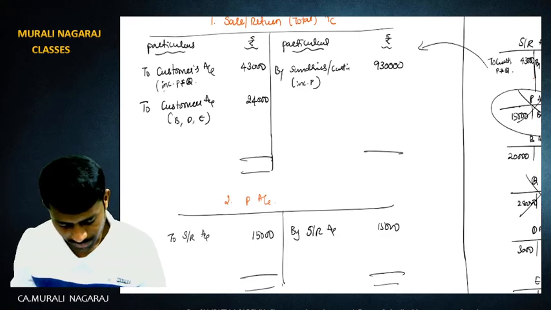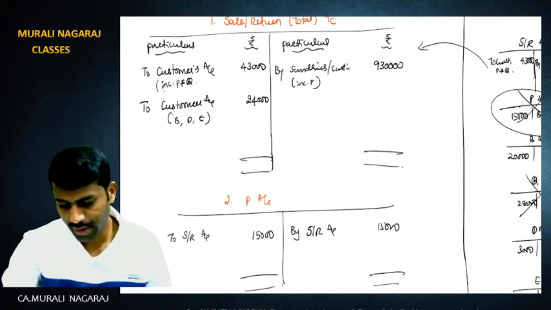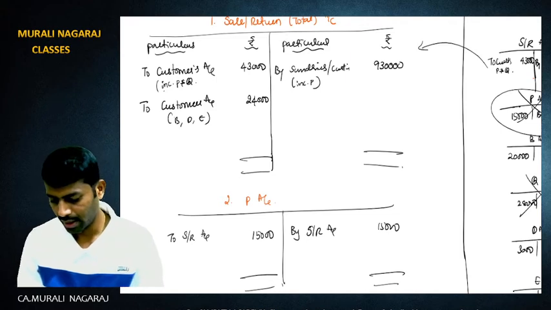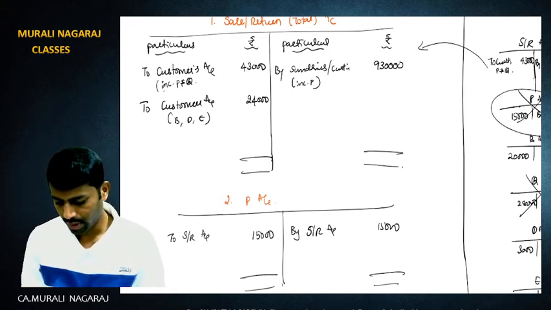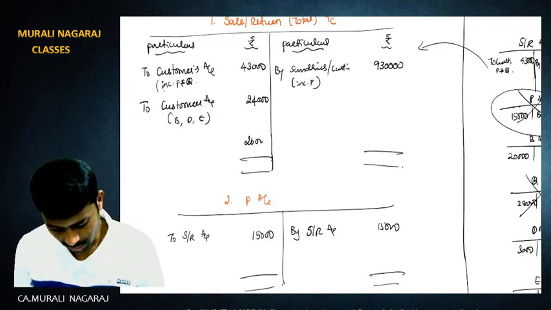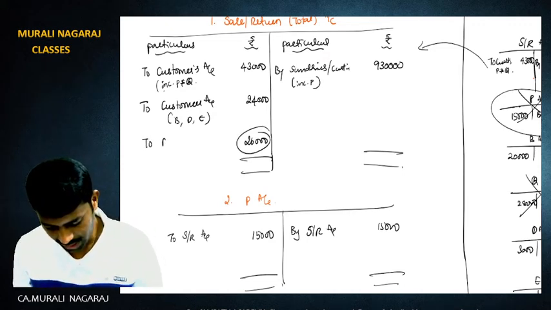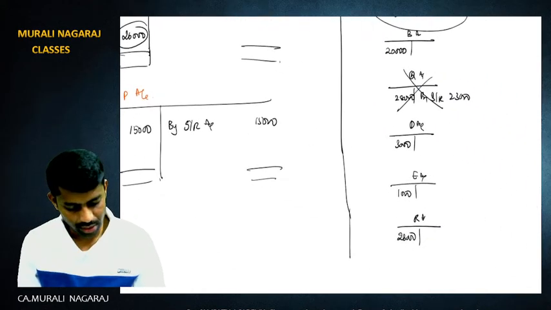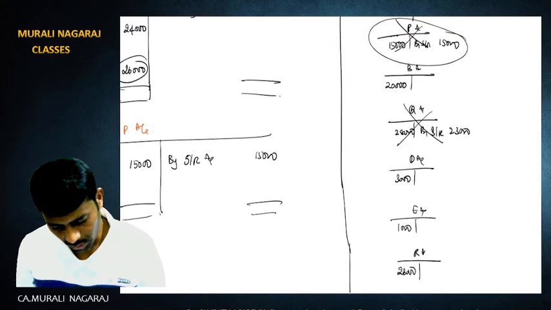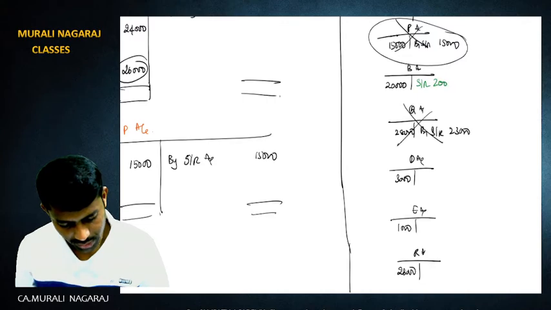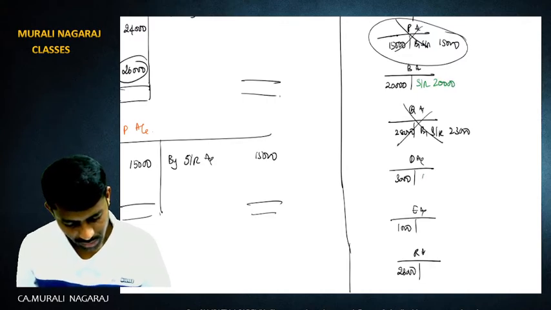Now that's it. If you balance, what you get is 93,000 minus 43,000 minus 24,000, so you will get 26,000. What we call it as to balance carried down. Look out, on account of posting by difference, on account of sales, what happened: by sale or return 20,000, D by sale or return 3,000, and here sale or return 1,000.